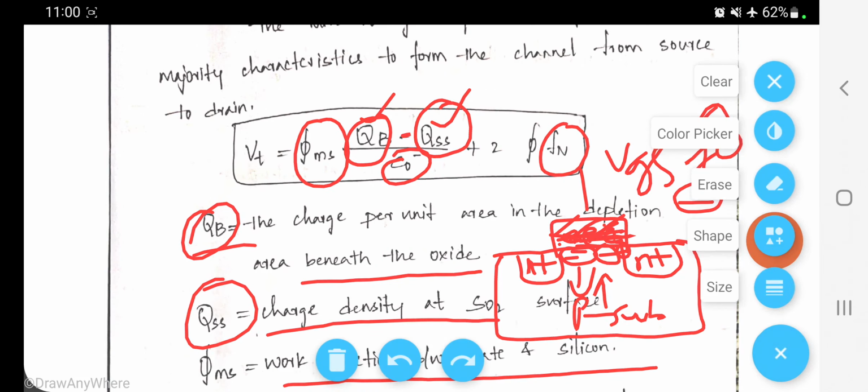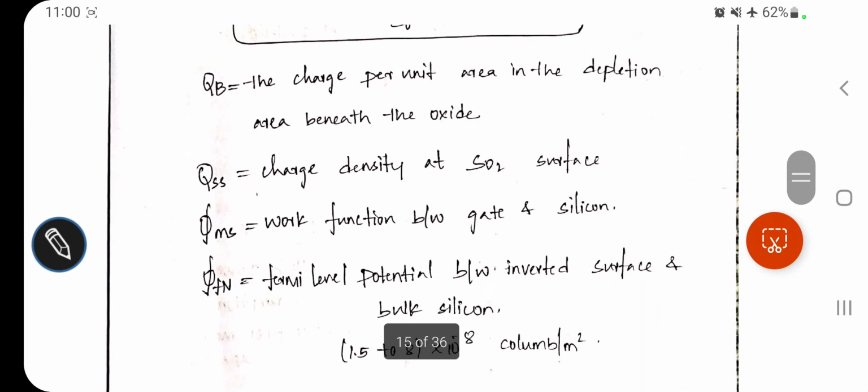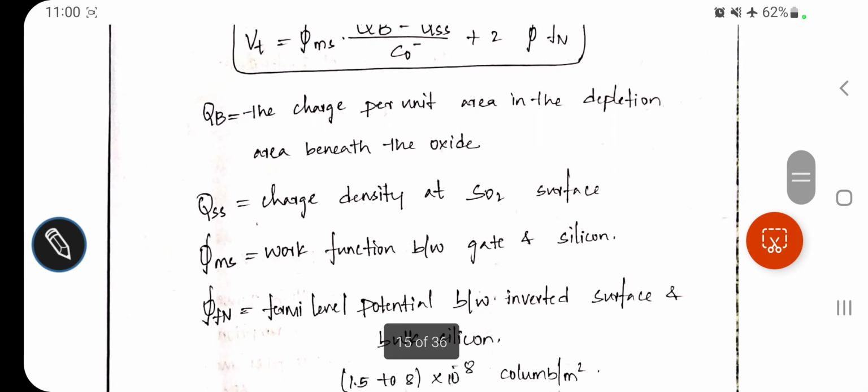Next here we have phi_fn. Phi_fn is nothing but the Fermi level potential between the inverted surface and bulk silicon. The inverted surface here is the channel region between source and drain, because earlier it is completely P type. Now once we apply the VGS, the P substrate region between source and drain is becoming N type, that is the channel.